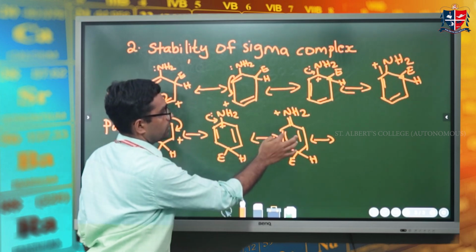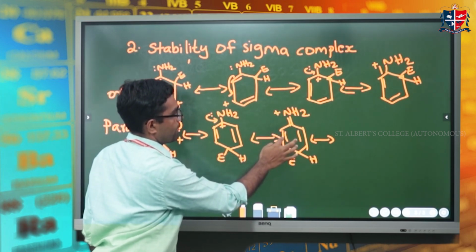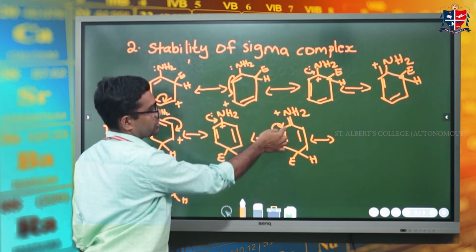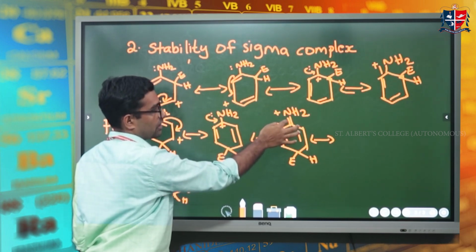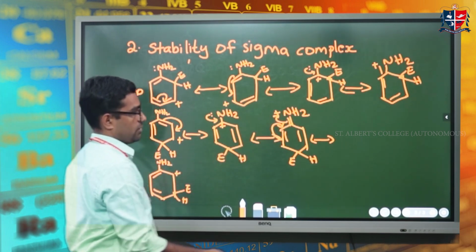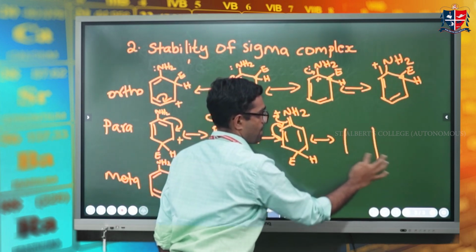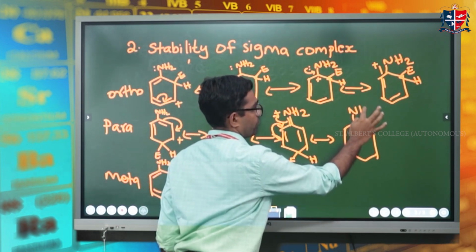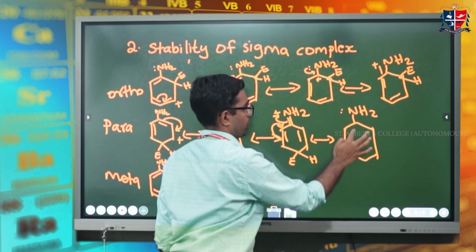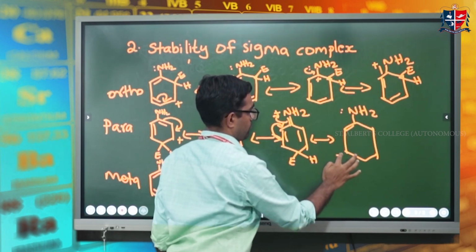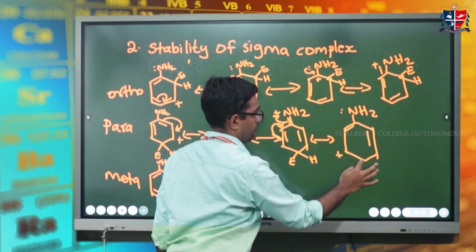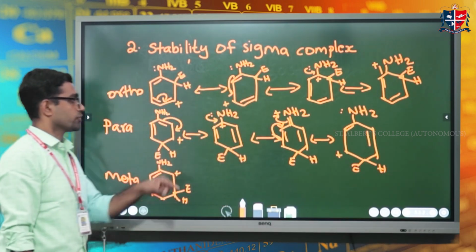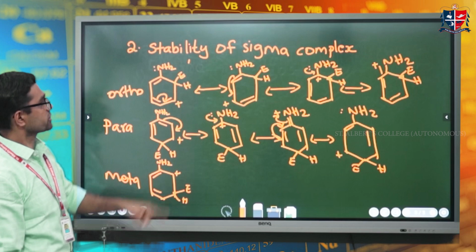Next, when this goes here and is shifted here, the double bond comes here, so this double bond will not be here, it goes back. You see, four resonating structures.